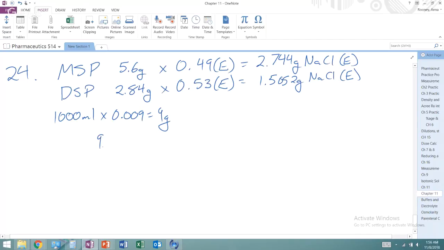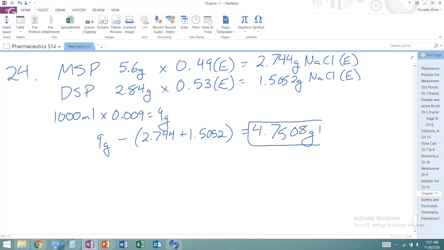And so you take 9 grams of sodium chloride needed to make it isotonic, minus the 2.744 plus the 1.5052. And we find the amount that we need, and so that is 24.